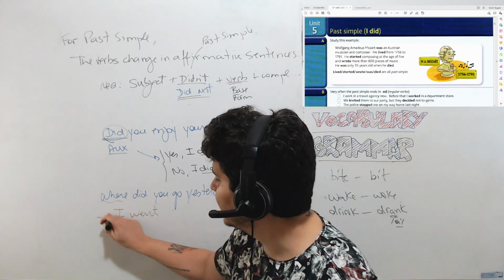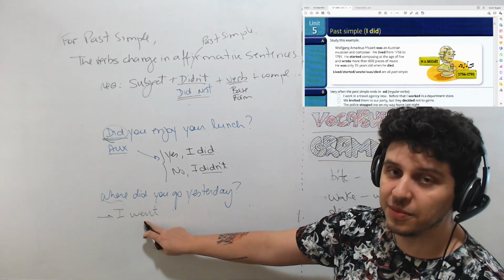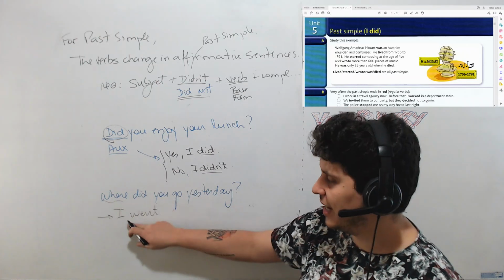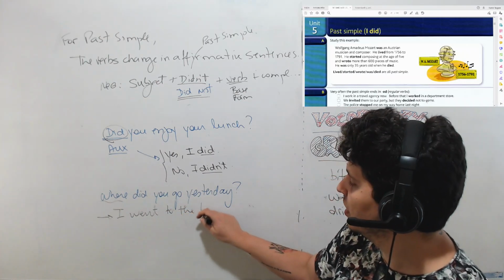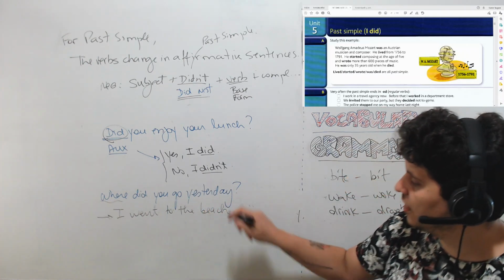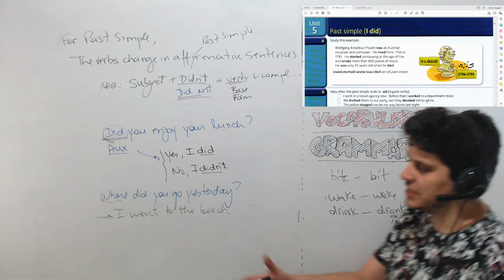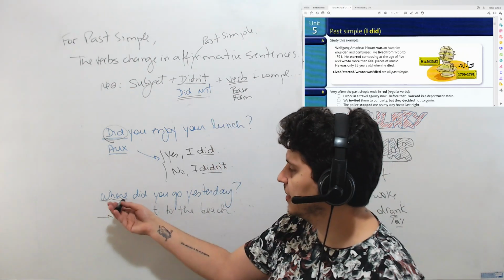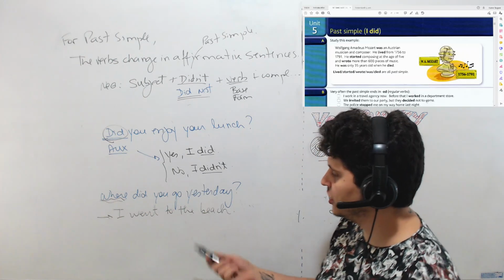See that now you are using the affirmative, so you need to change the verb. Here the verb is not changed because you've got did, but now it's affirmative. I went to the beach, for instance. Okay? And it really doesn't matter what auxiliary or WH word you may use. It will depend on what kind of information you want, right?